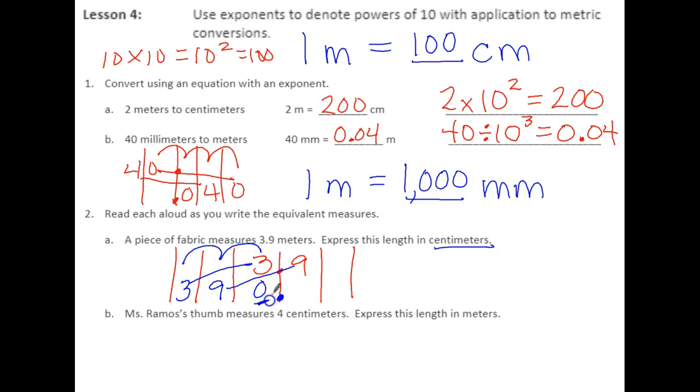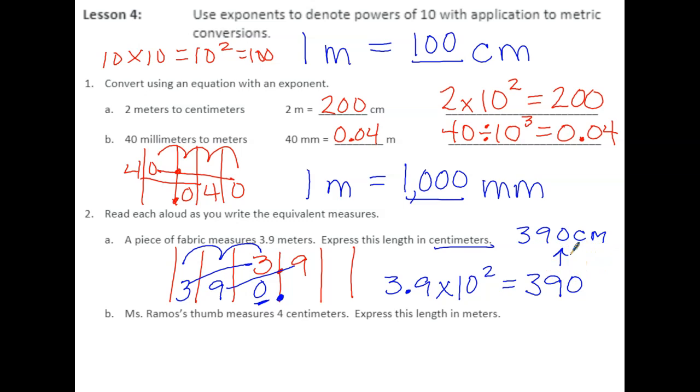The 0 was a placeholder. So don't forget your units. We can put 390 centimeters. Also, we could have done 3.9 times 10 to the second power is equal to 390 centimeters.